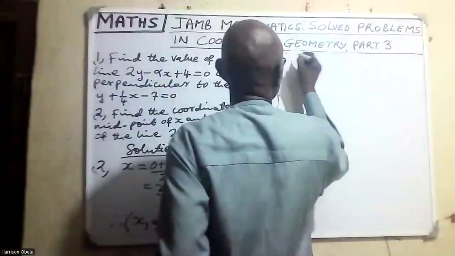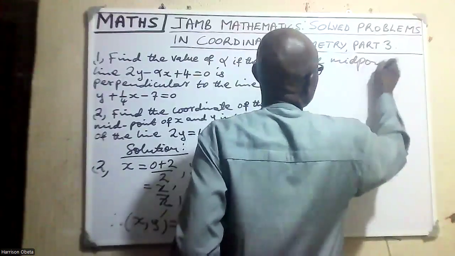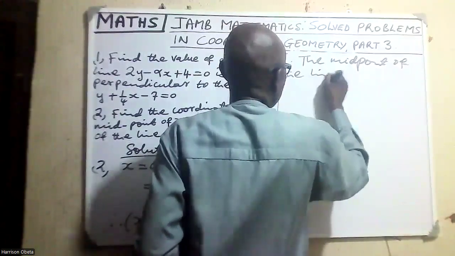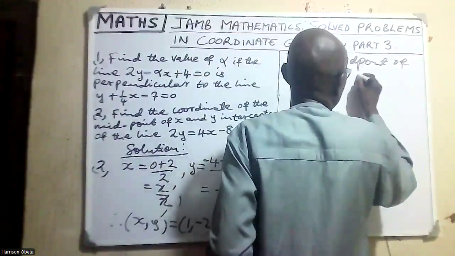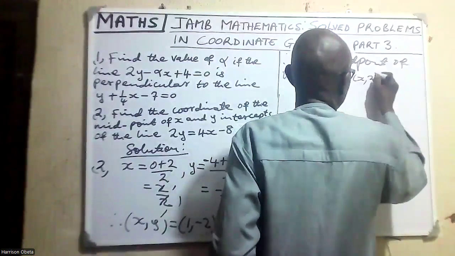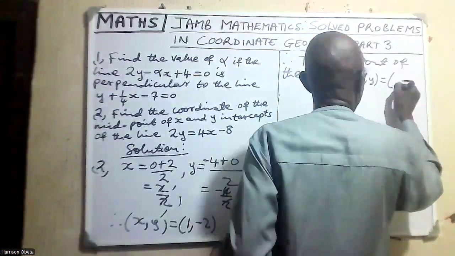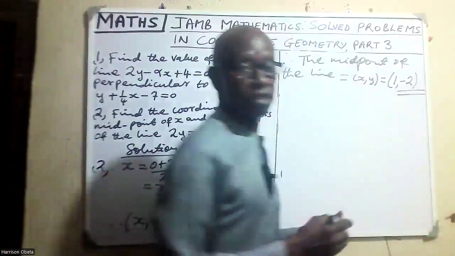Therefore, the midpoint of the line is equal to x comma y, which is equal to 1 comma minus 2. And that's the answer to that.